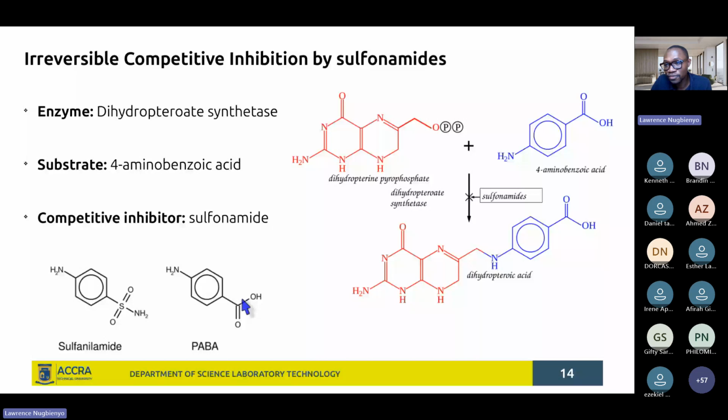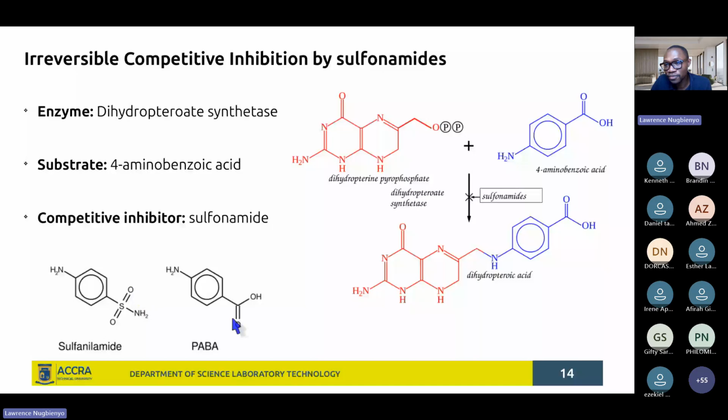But in sulfanilamides, you will now have the sulfonamide group, which is bonded there in place of the carboxylic acid group.